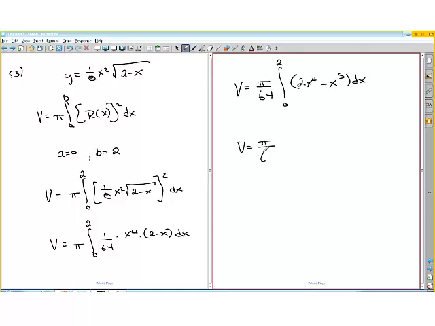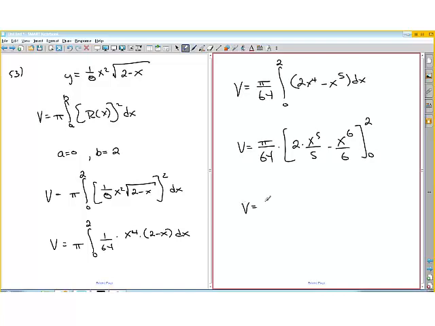So when we integrate this, the constant stays out there. We end up with 2 times x to the 5th divided by 5 minus x to the 6th divided by 6. And we evaluate that between 0 and 2. And of course, when you stick 0 into a polynomial, you get 0. So all we have to do is plug 2 in there.